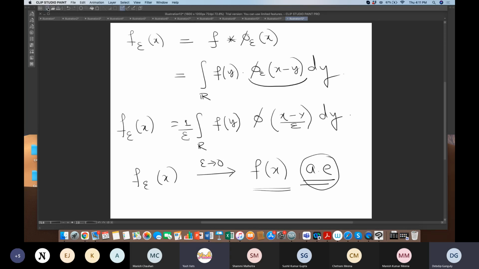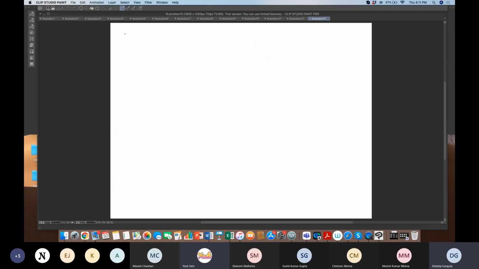You have to show that for almost every x, there is some problem today. f_epsilon(x) minus f(x) converges to 0 as epsilon goes to 0, for almost every x.